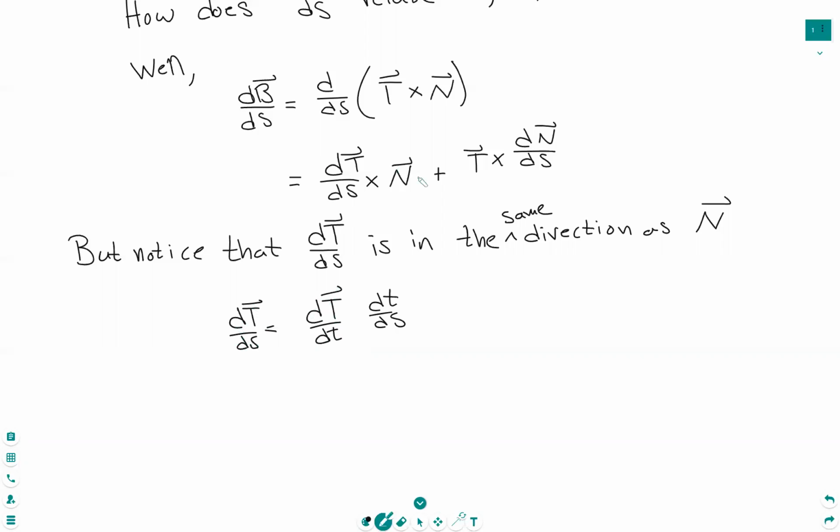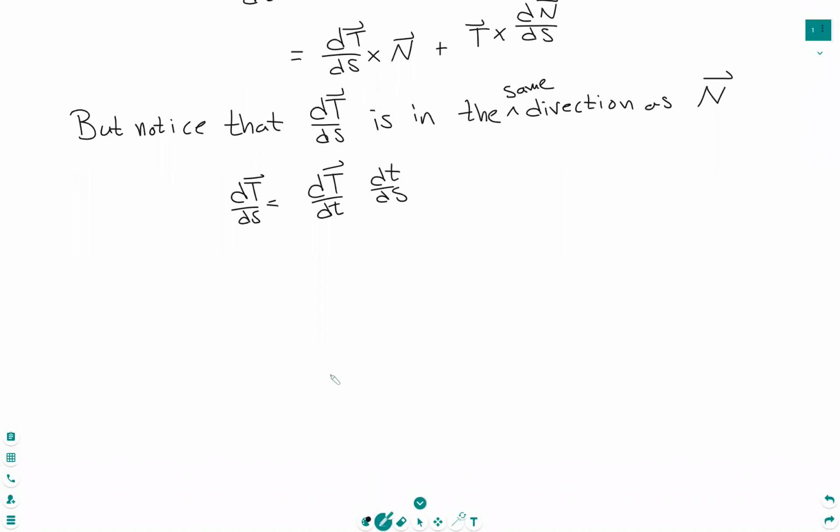And we're taking the cross product of two things that are pointed in the same direction, so that means that this term ends up being 0. So let's scroll down just a little bit. And that leads us to say that the derivative of the unit tangent vector with respect to arc length crossed with N is equal to the 0 vector.